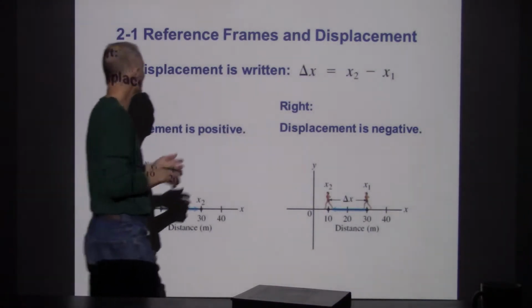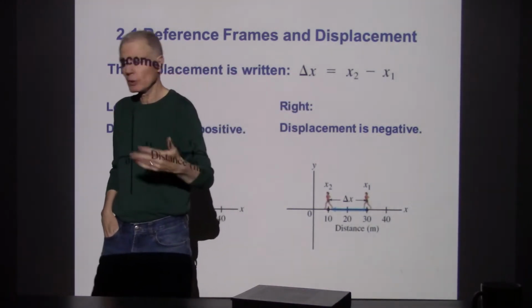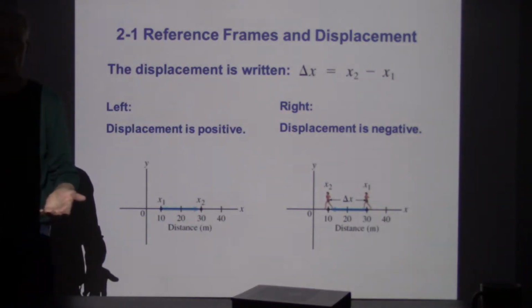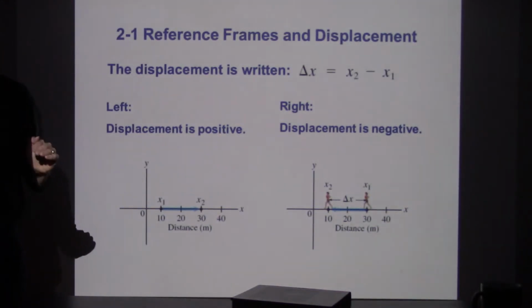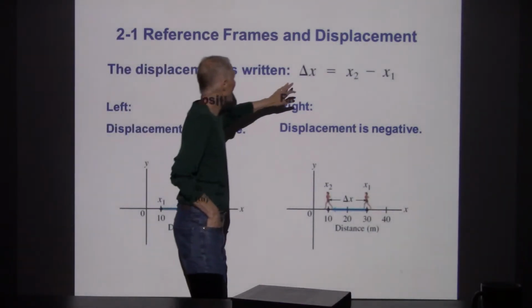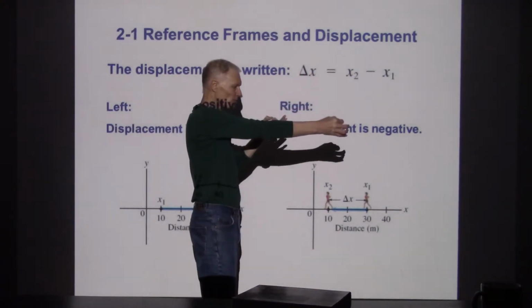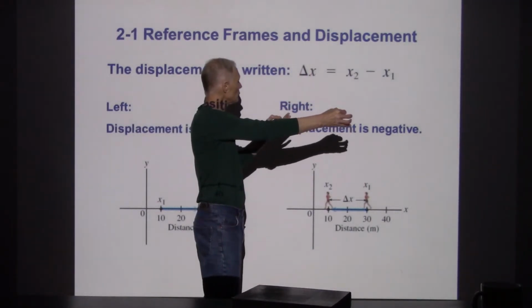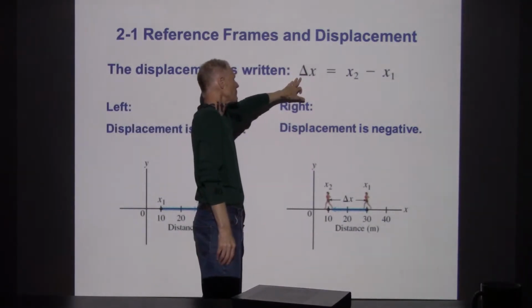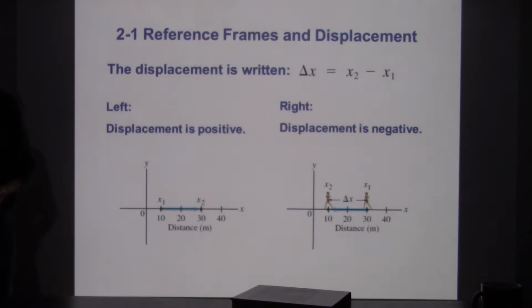A lot of times, and that's fine, the delta gets referred to as change in, this is the change in x. And that's fine as long as you stop and think about what you mean when you're telling yourself this is change in. I always like to think of delta x as a difference between the positions of 2. I guess I think more in terms of difference, and thinking in terms of change in is fine as long as you know what that means.